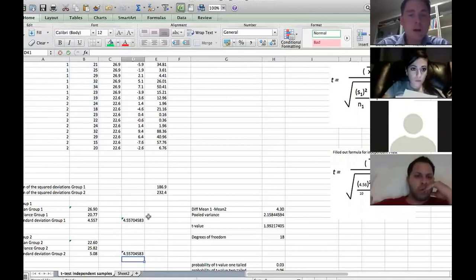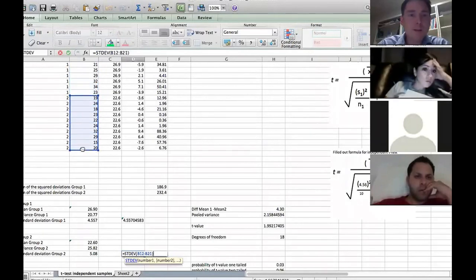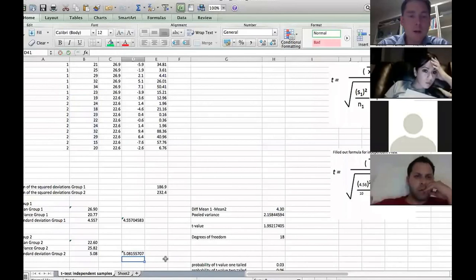All right. So now this is still the top area. I want to drag this down. I want this area here. All right, 5.08. So that's the standard deviation for group 2.